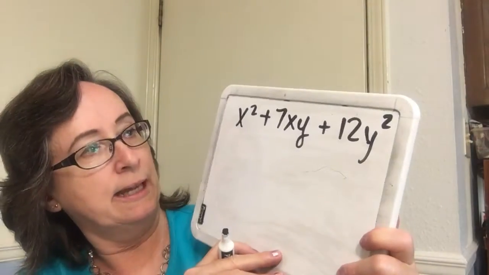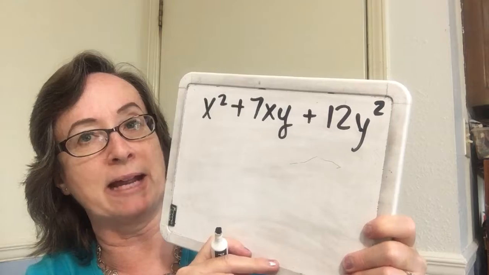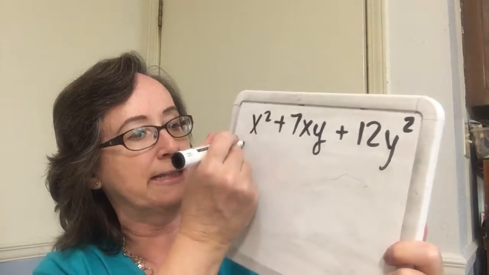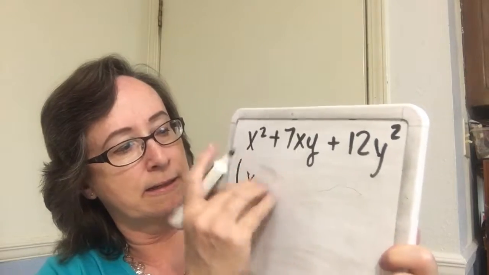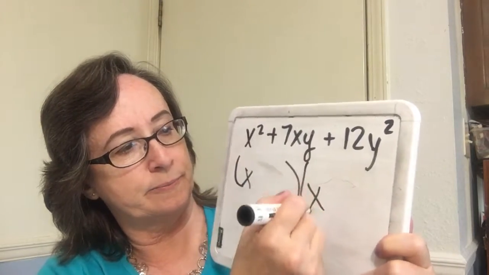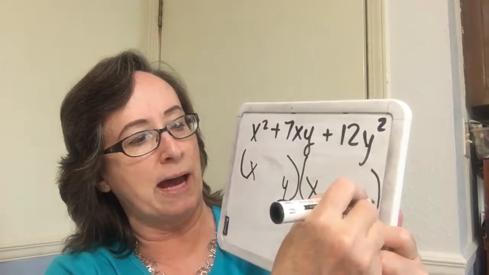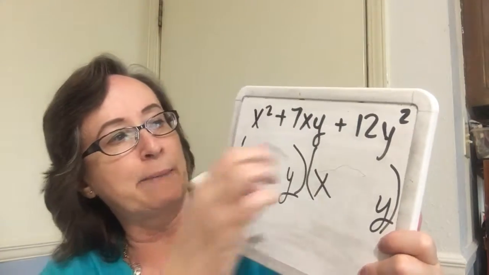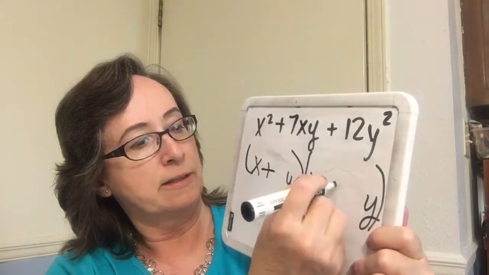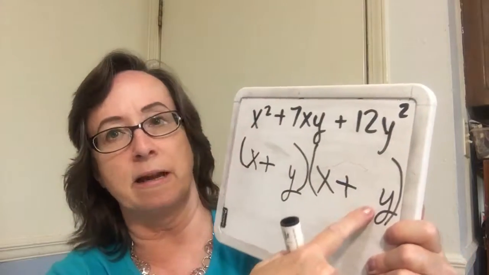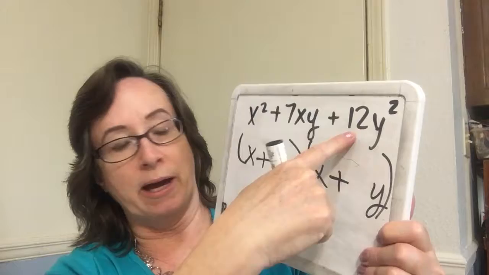Okay, this one has got two variables in it. So it's the same type of problem, but now I have an x and a y. That's very easy to fix. I'm going to have an x and an x. And because my y is on the end, I'm going to have a y and a y. And then I'm going to have the same sign, both positive. So now all I have to do is figure out what is this number that goes in front of the y, which has to have a product of 12.